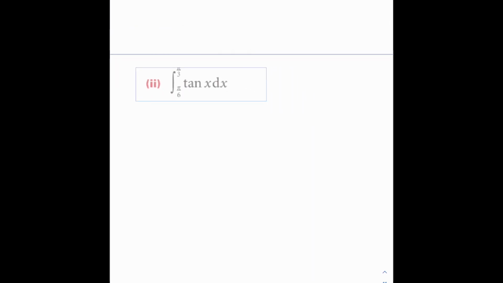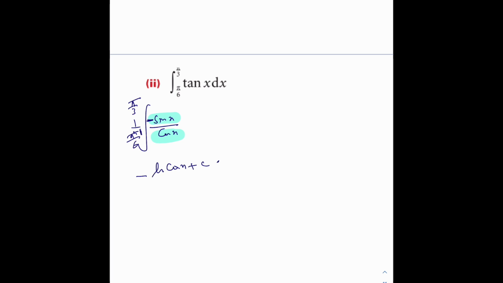I know tan of x is sin x upon cos x, so I can write sin x upon cos x with the boundaries pi by 3 and pi by 6. I can see that the differential of cos x is negative sin x, of which sin x is already there. I need to put a negative here, so as a result I will put a negative outside as well. So I can write minus ln cos x plus c.